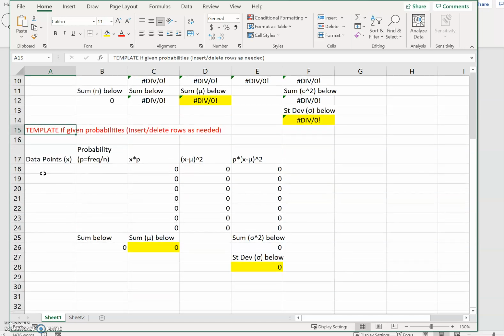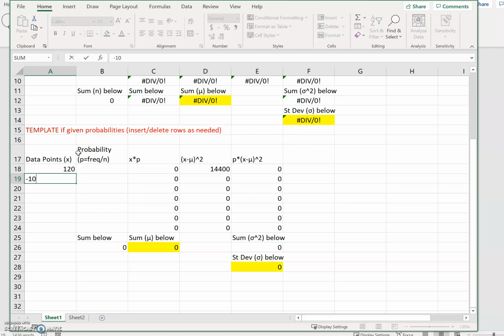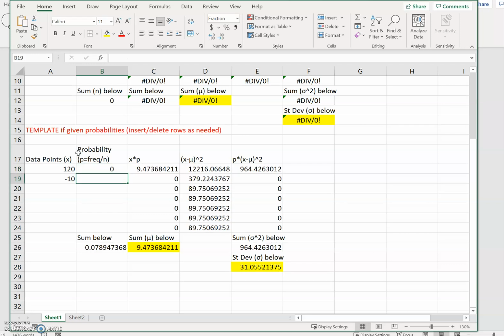So my data points and probabilities: the data points are going to be 120 and -10, those are the possible outcomes. The probabilities that those happen with are going to be 3 out of 38 for winning, and 35 out of 38 for losing.